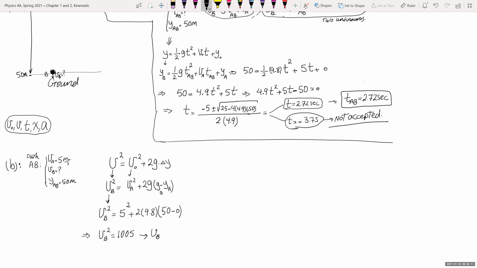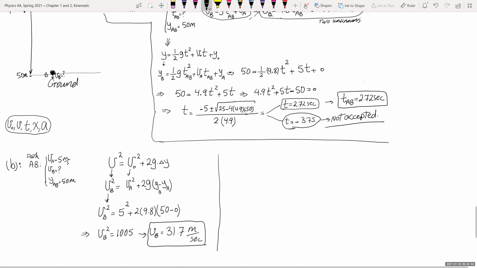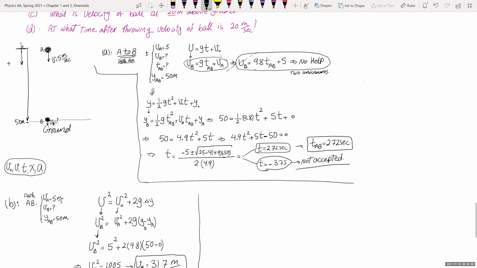So if we take the square root of that, it will be 31.7 meters per second. This is the velocity of the ball just before it hits the ground. Okay.